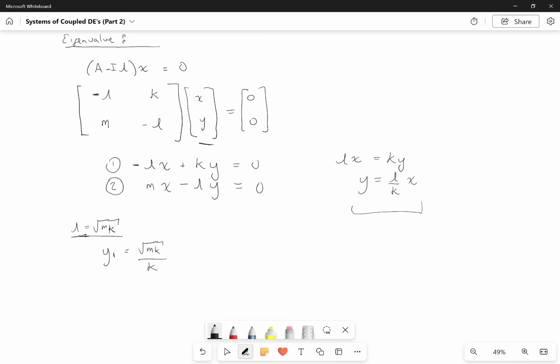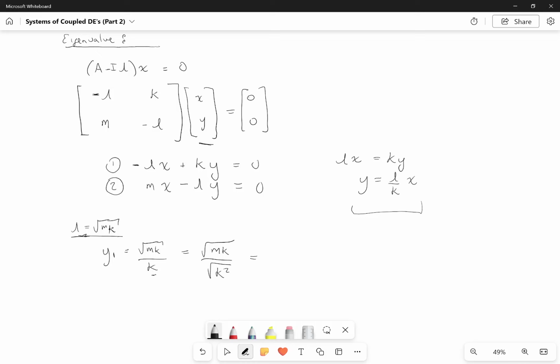Okay, and so what does that mean? Well, if we want to bring this k underneath the square root, we need to square it and then take the square root. So basically we're going square root of mk over square root of k squared.